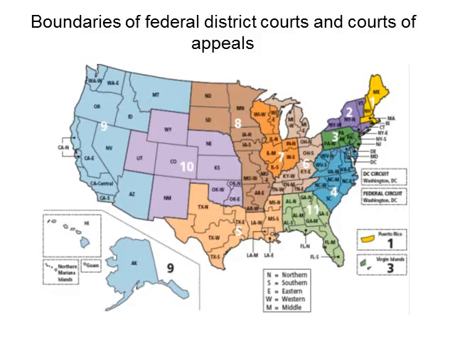And within each of those circuits, there's also various districts. So you see the Ninth Circuit that has basically the West Coast and Alaska and Hawaii in it.